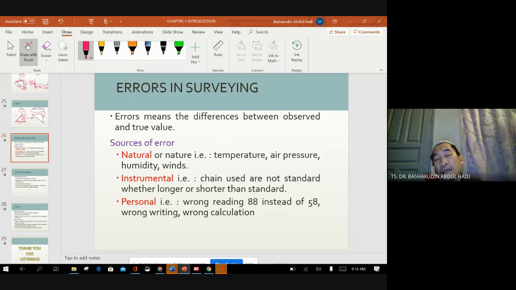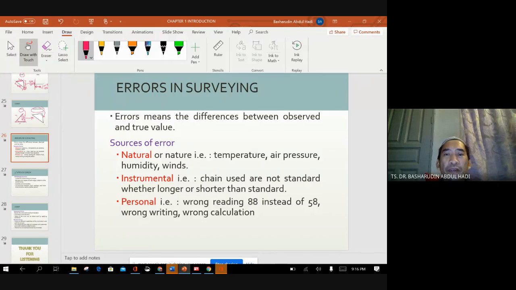This is very significant for countries that have 4 seasons, for example the United Kingdom, because their weather varies a lot, for example from negative temperatures to 40 degrees Celsius. Of course their equipment, when used in different temperatures, also comes with the effects of air pressure, humidity, winds, and so on.